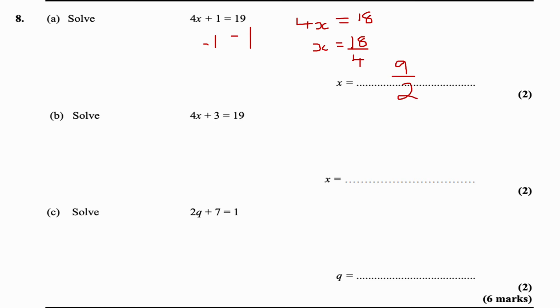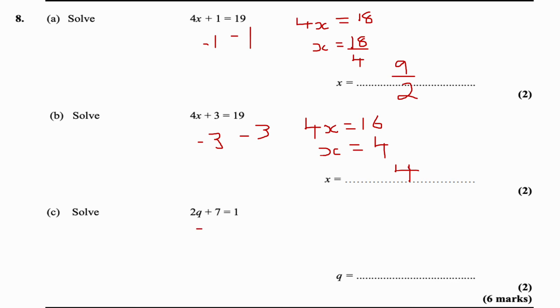Okay, part B, solving this equation while subtracting 3 on both sides. Okay, 4x is equal to 16. Dividing both sides by 4, I get that x is equal to 16 divided by 4, which is 4, guys. Okay, part C, solve 2q plus 7 is equal to 1.